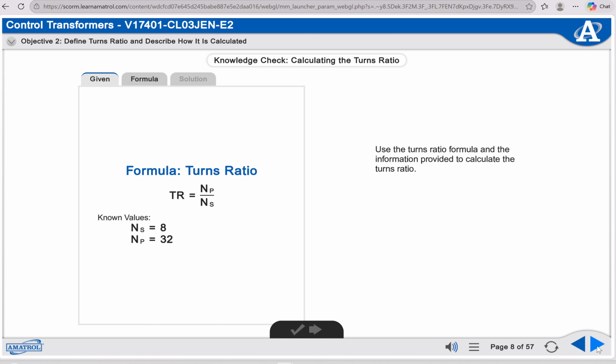Use the turns ratio formula and the information provided to calculate the turns ratio.